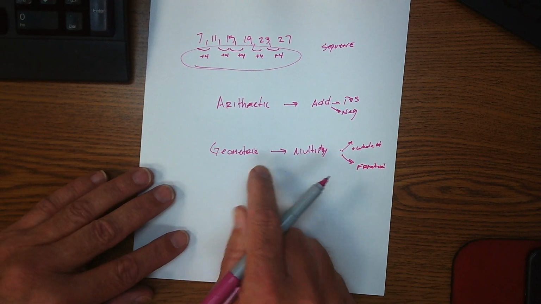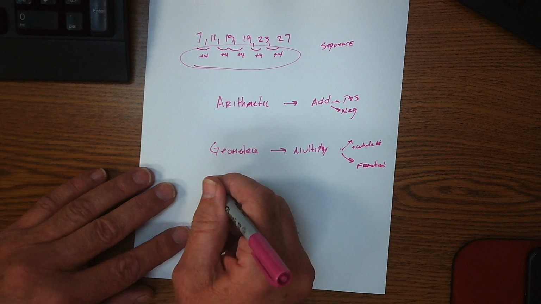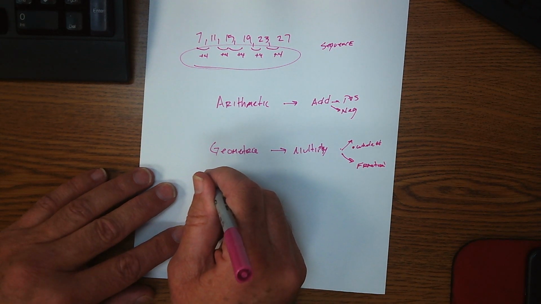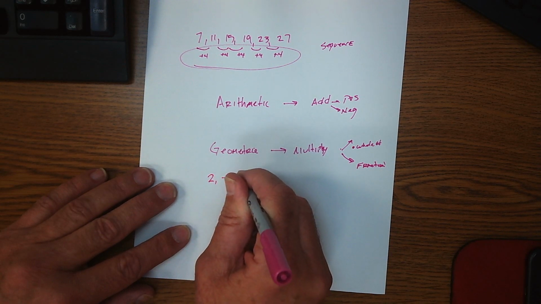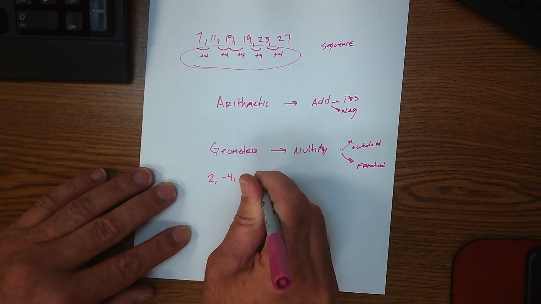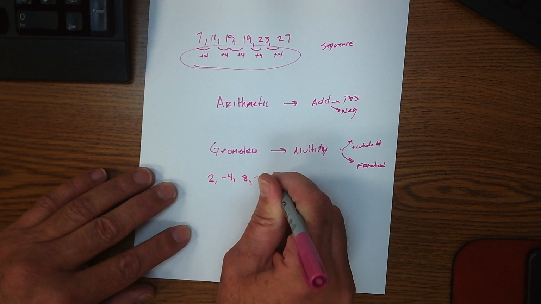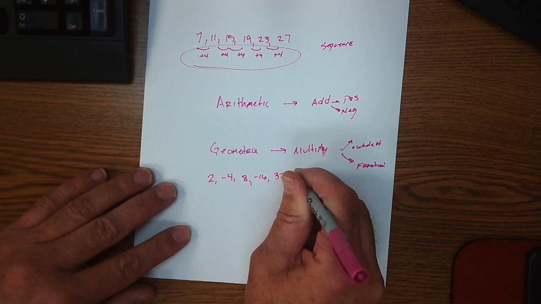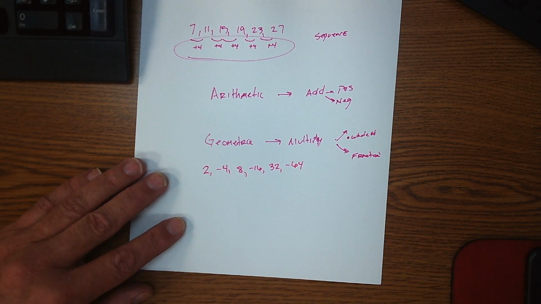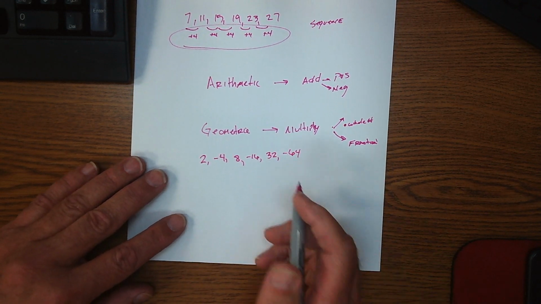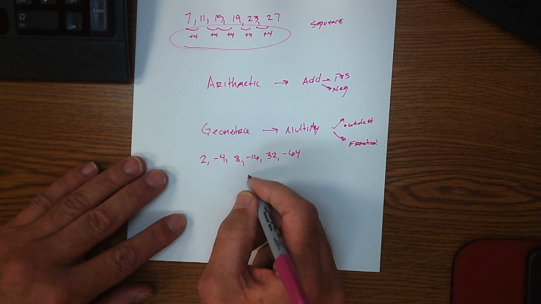Also in a geometric sequence, you may get a sequence that flips signs. So you may get one that goes like this. So the signs will flip-flop back and forth on you. When your signs flip-flop back and forth on you, that means you're multiplying by a negative number.